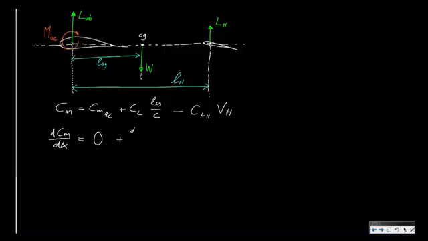So it will be dCl d alpha for now. LCG, the dimensions of the aircraft, do not change due to an angle of attack. So this is just a constant with which we multiply. And here we have to write the change in lift coefficient of the tail surface due to change of angle of attack. And VH is again the dimensions of the aircraft, which remain constant.